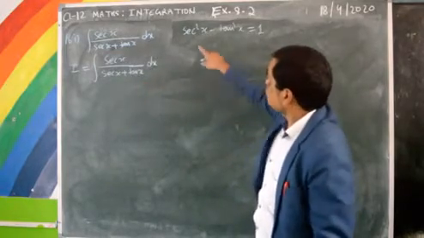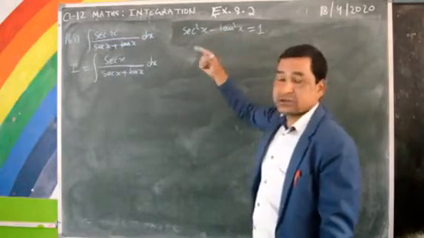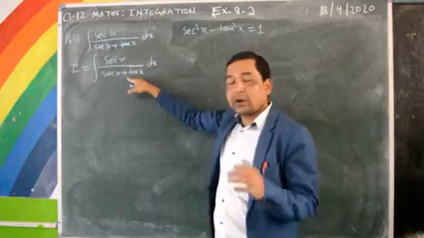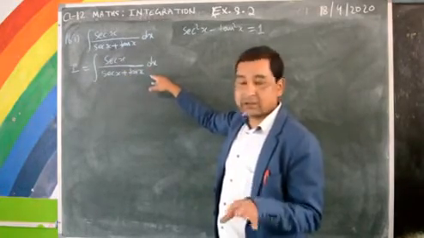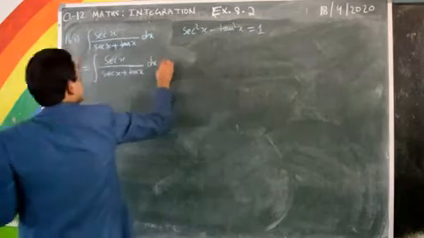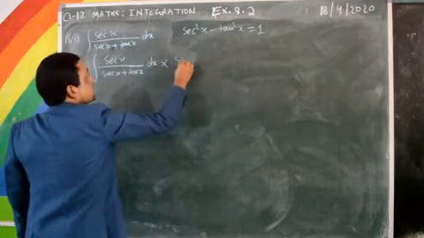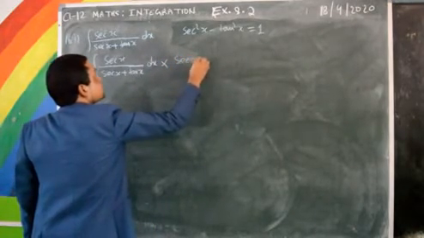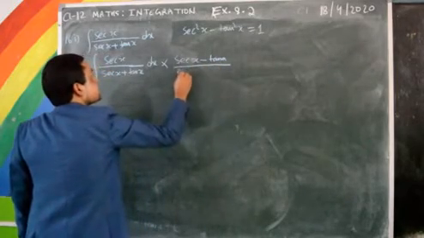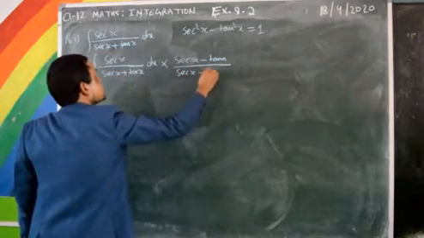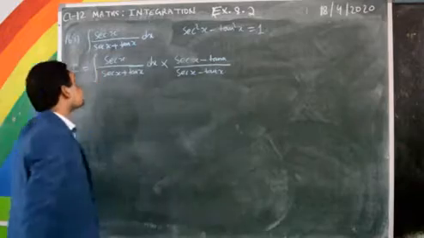Okay. That means a square minus b square equals a plus b times a minus b. A plus b we already have. Now we are going to rationalize this with a minus b. Now rationalize it: sec x minus tan x divided by sec x minus tan x.